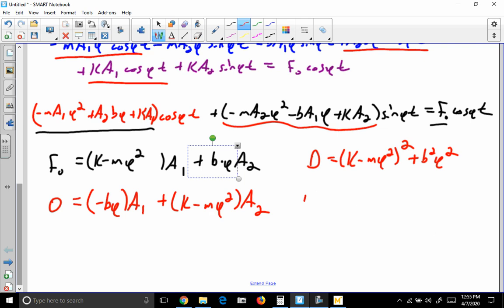Now, our determinant for A1: if we replace the coefficients of A1 with F0 and 0, then we're going to have F0 times k minus m gamma squared minus 0 times this coefficient, which is 0.